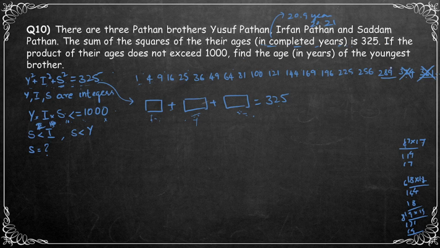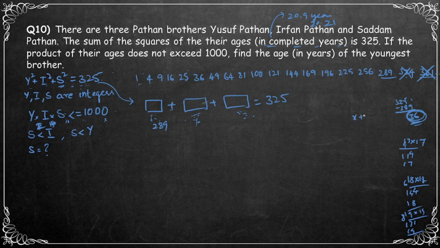Now let's take 289. If I take 289 here, the other two numbers should add up to 325 minus 289, which is 36.